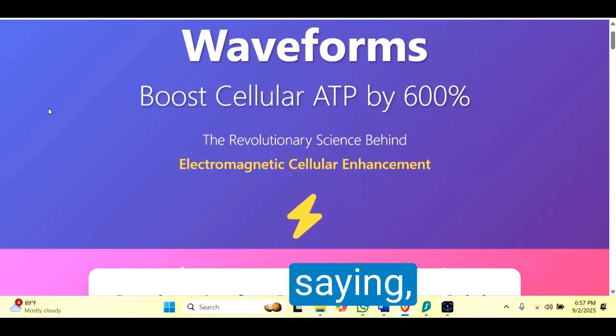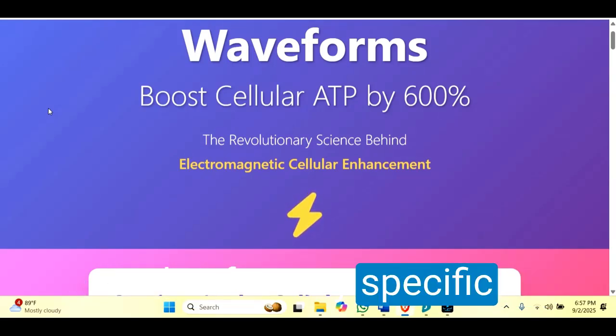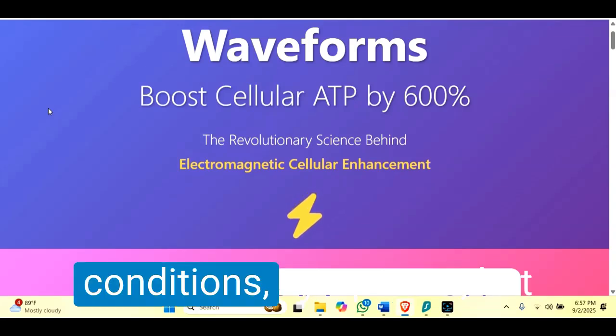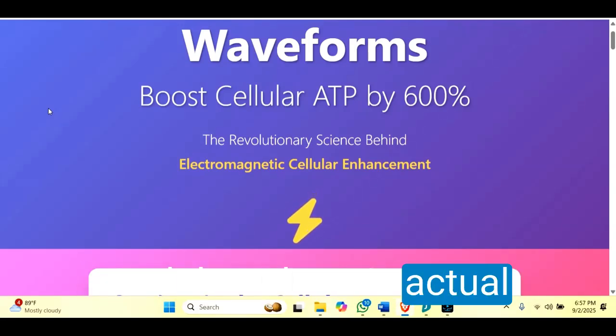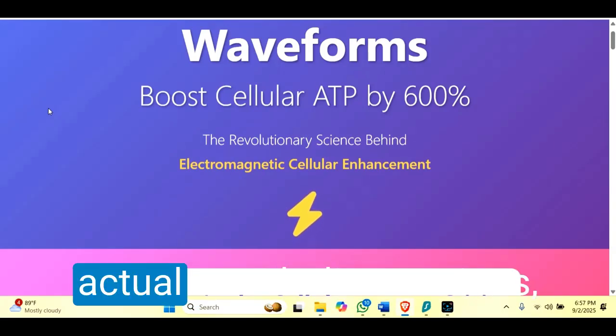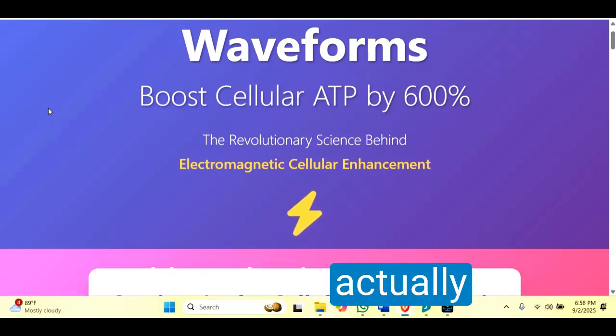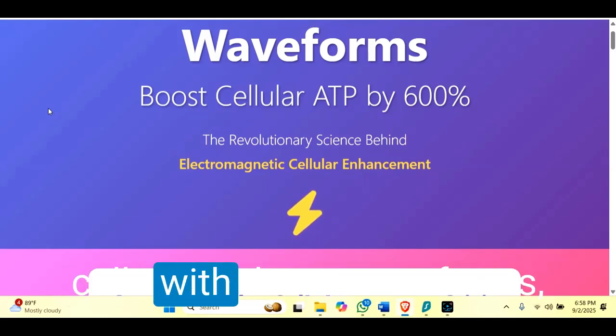Just to kick things off, I'm not saying that square wave and sinusoidal waves don't have some therapeutic value for very specific musculoskeletal conditions and symptoms. They do work, and there is actual research out there. It's just much more limited when you understand the actual metabolic reactions, what's actually happening on a cellular level inside and outside the cells with those waveforms.